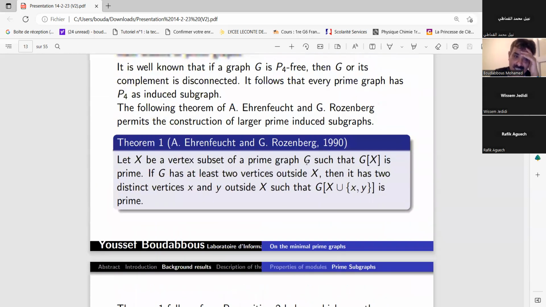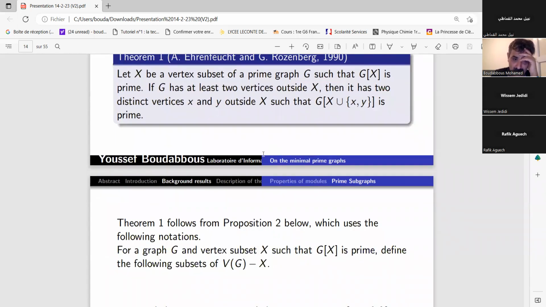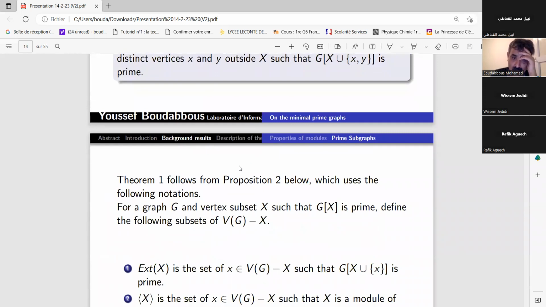For the proof of this theorem, we state Proposition 2 of Ehrenfest-Rosenberg. To state this proposition, we need some notation, which is a basic tool. Here we start to present the tools.